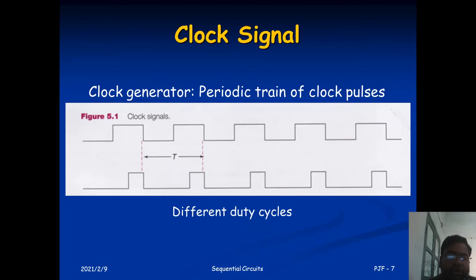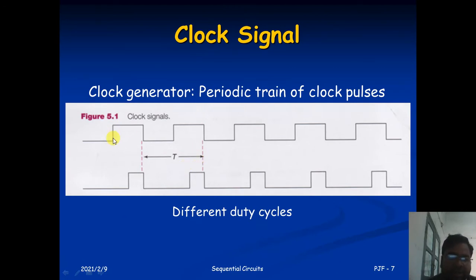So this is the clock signal, and you can see one clock in the diagram. Starting from here to here is the time interval t, and this is a single clock. In this we have 5 clocks, which you can see in your diagram. These 5 clocks have been generated by this pulse generator.